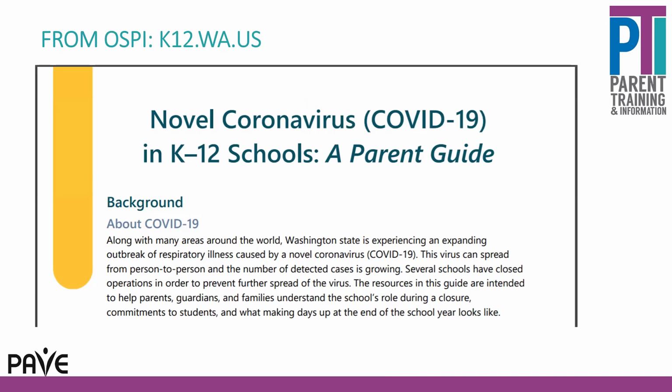This guide was released March 7, 2020, and OSPI is providing additional updated resources and guidance through its website. You can find OSPI at k12.wa.us, and they have a page committed to COVID-19 related resources and guidance for schools and families.